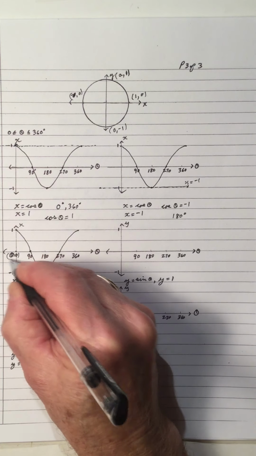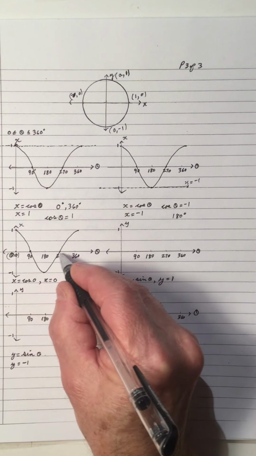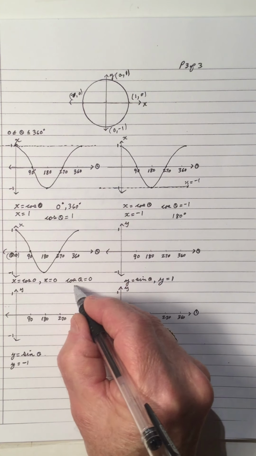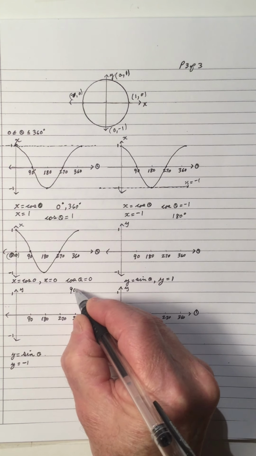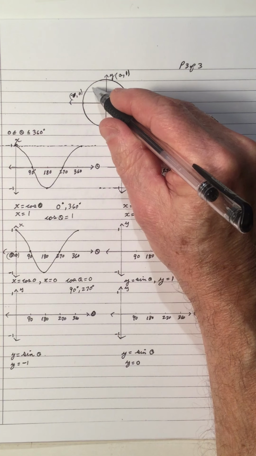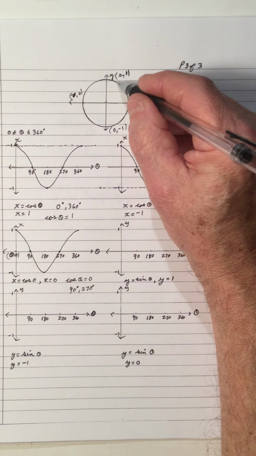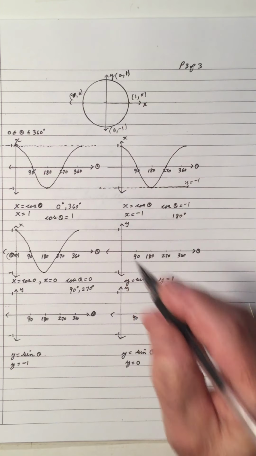So x is 0 right here, and right here. So x is 0 at your 90 and your 270. So look up here. Where's x equal to 0? X is 0 here at your 90, and x is 0 here at your 270.